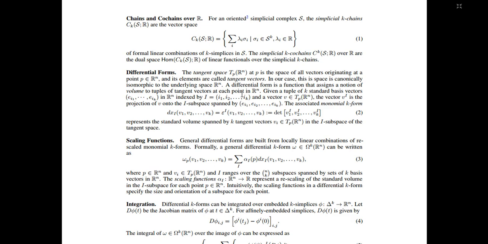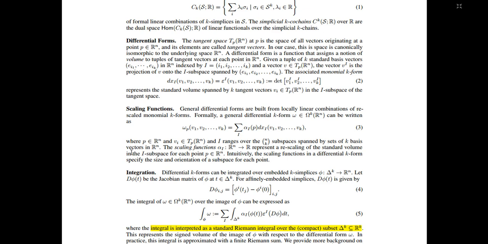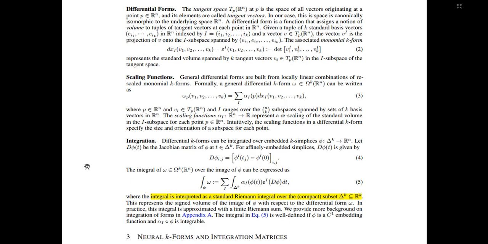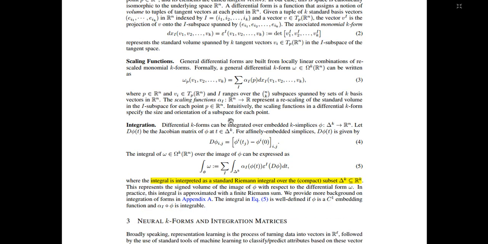So we can associate to the tangent space some forms, some differential forms, and these forms can be inferred by a neural network, and we use the concept of integration over these differential forms to get our representation by the neural network.